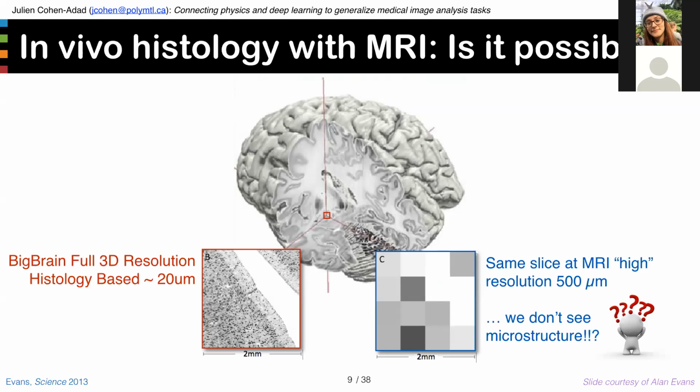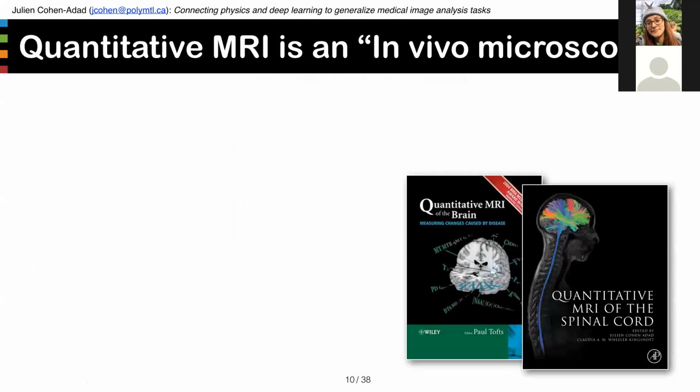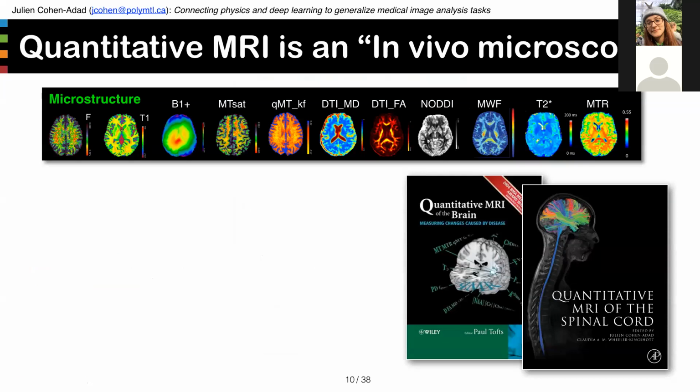So why is MRI getting all the buzz about being able to be quantitative about the microstructure? Without going into too much detail, MRI is in fact very sensitive and specific to tissue microstructure. There has been a lot of research going on for the past couple of years. Thanks to advanced techniques, we can interrogate things such as the density of axons or neurons in the central nervous system.